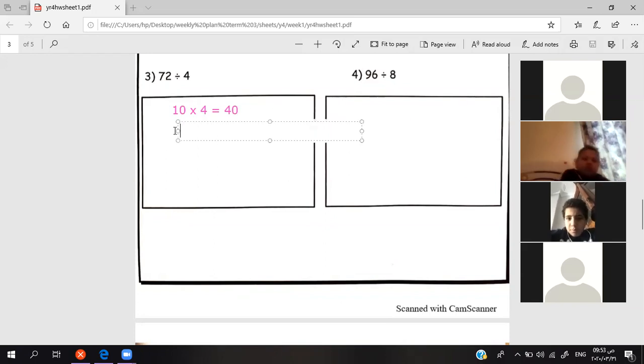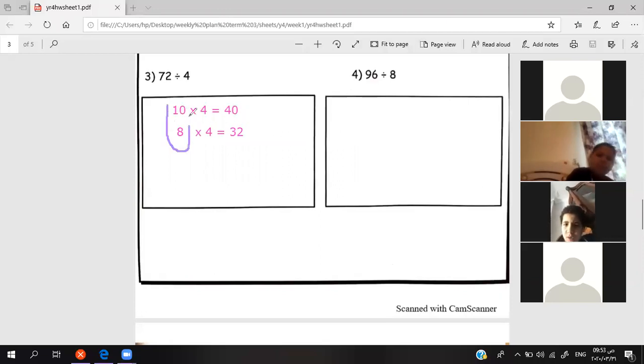And then what's left after 40? 50, 60, 70. But I have a 30 with me. 30 and 2 is 32. What times 4 gives me a 32? It's an 8. So now I know that my answer is 10 and 8. So my answer is what? 18.